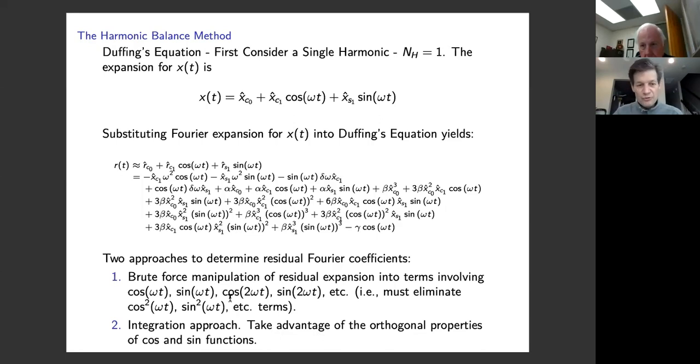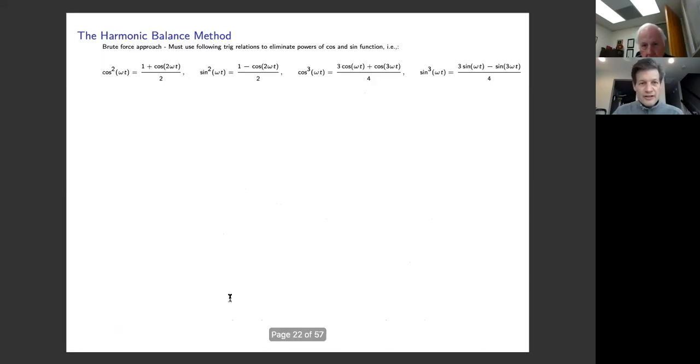But just to show the brute force approach, you have to apply the following trigonometric relations, half angle relations, in order to remove those cosine squared and cosine cubed terms, for instance.